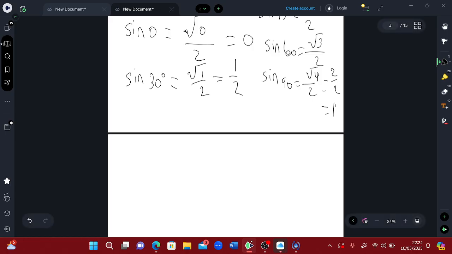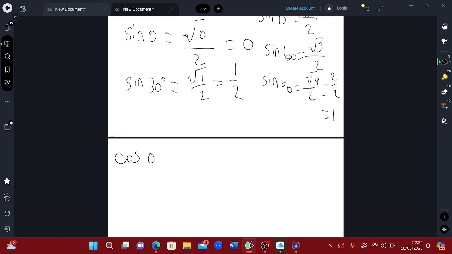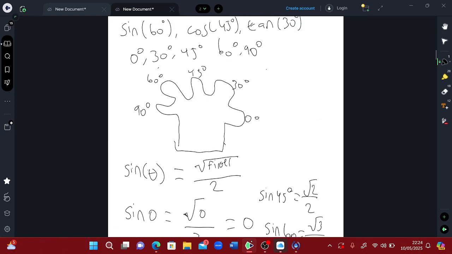Now, actually, because it's very similar, let's do cos 0. When we did sine, we moved this way, starting with the 0 finger. We're going to go the opposite way this time, start from 90 and move clockwise around the other side of the hand.